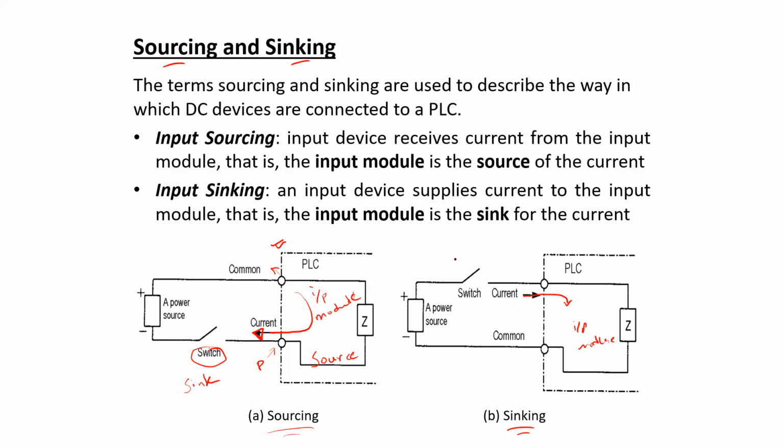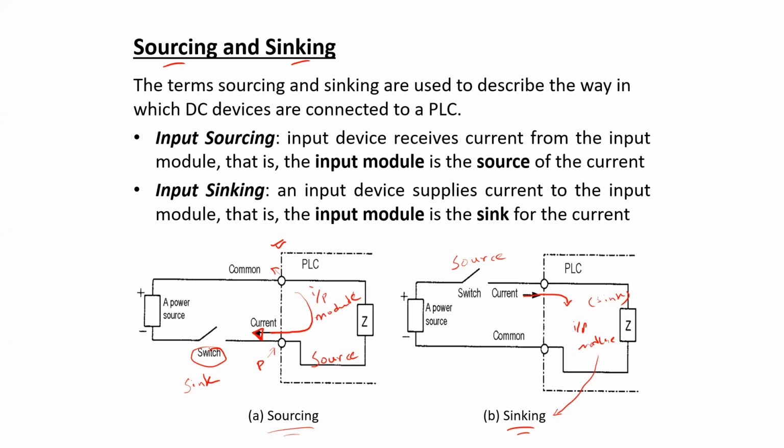So the input device here is acting as the source, and the input module is acting as the sink, or it is receiving the current. As the input module is sinking the current, this sort of connection is called the sinking type connection.